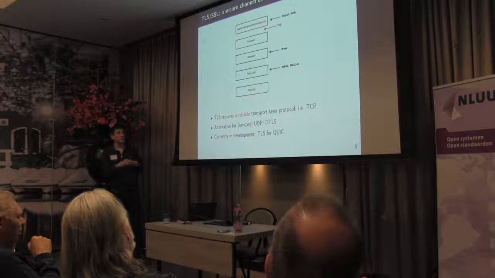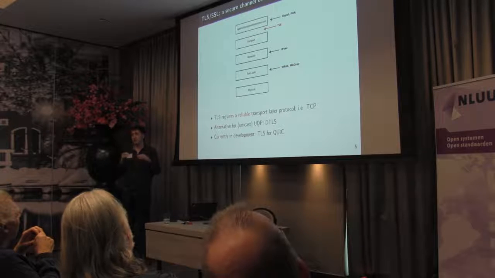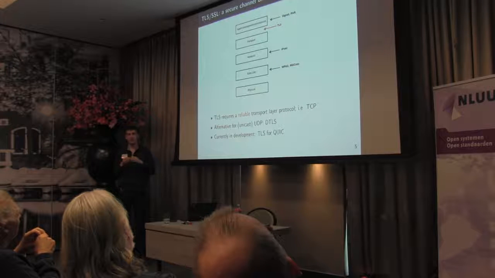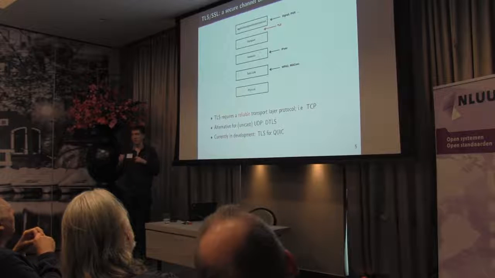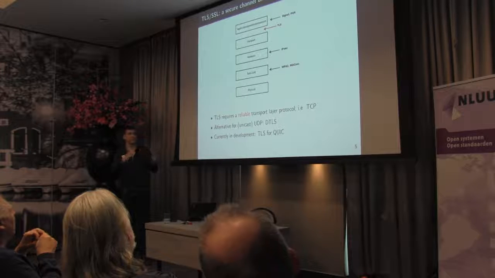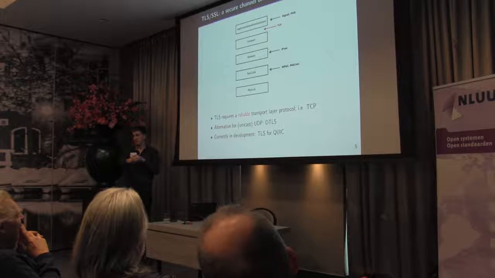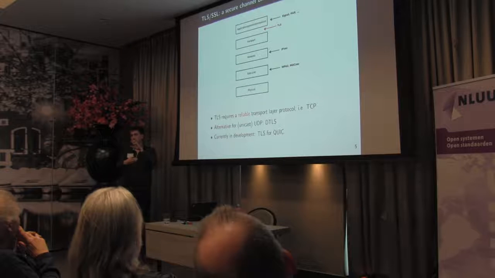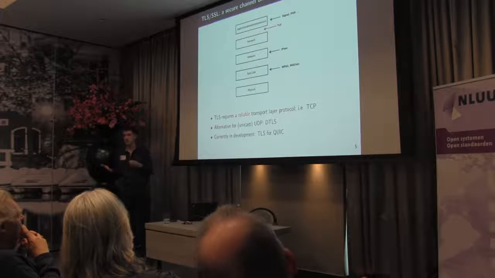So what was decided was to come up with a protocol that would reside somewhere between OSI layers 4 and 5. That would be layered on top of a transport layer protocol such as TCP. Then it would add this security layer to the transport protocol, and the applications would just interact with this transport layer as if it was just a TCP connection.